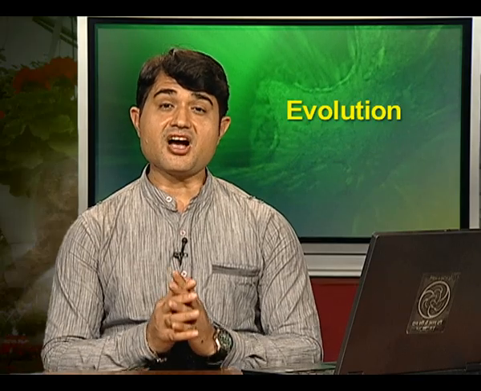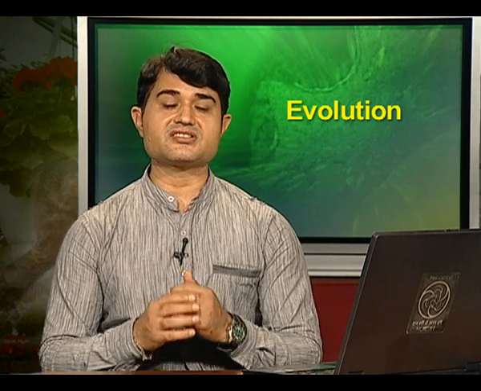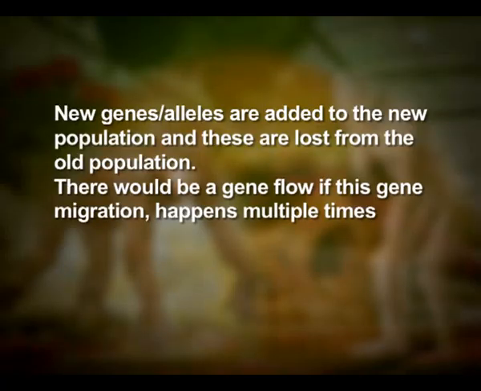When migration of a section of a population to another place and population occurs, gene frequencies change in the original as well as in the new population. New genes or alleles are added to the new population and these are lost from the old population. There would be gene flow if this gene migration happens multiple times.